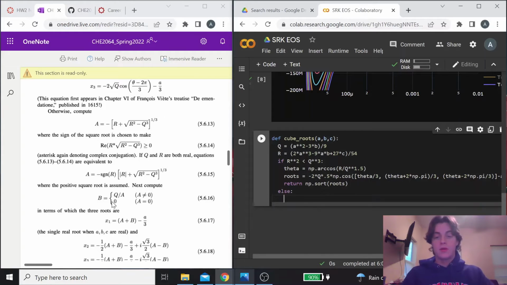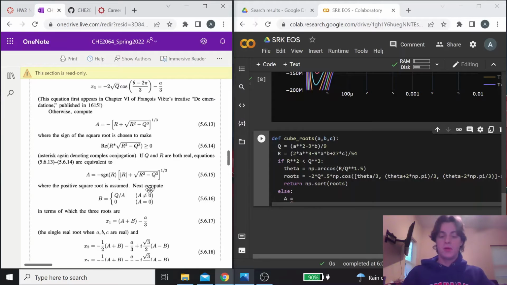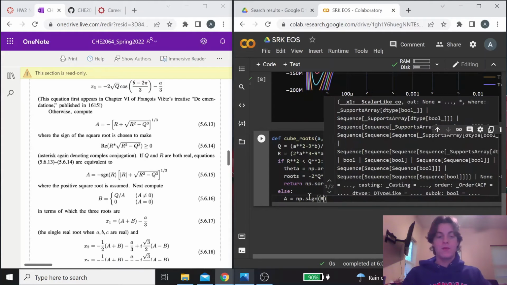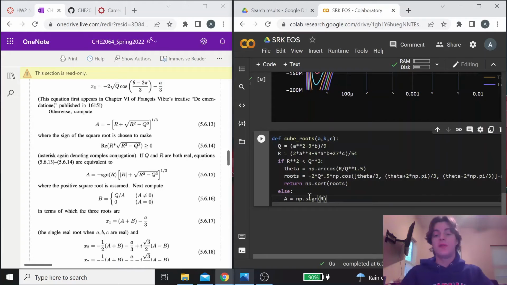So in our else, we first need to calculate a, which will be equal to the negative sine of r, where this sine function, when given a positive value, returns positive 1, and when given a negative value, returns negative 1.